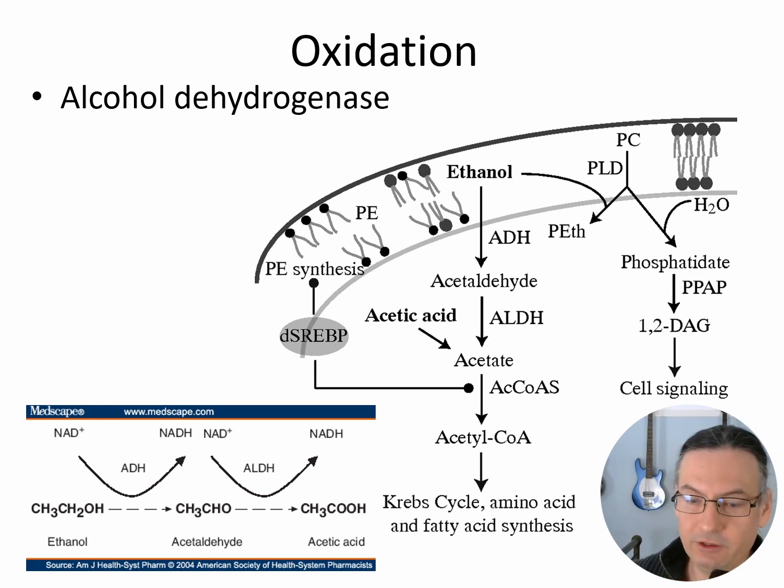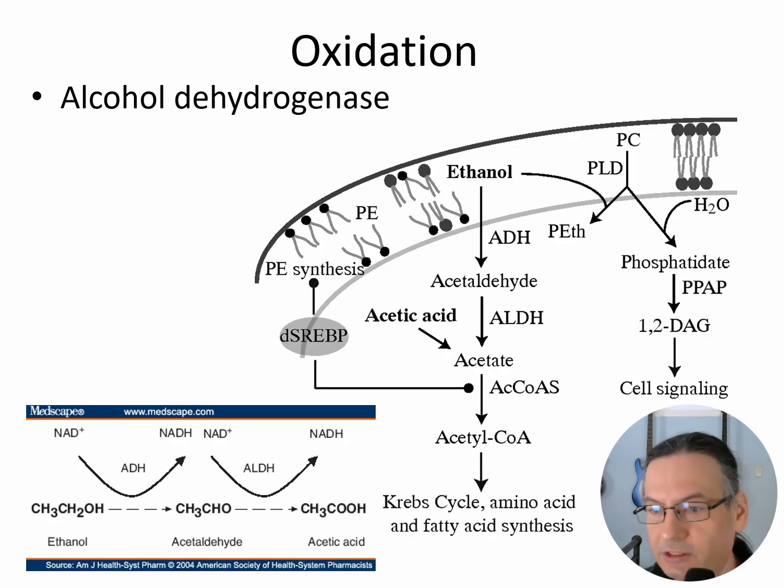Now, we can go through a number of different oxidation pathways. One that I'm going to go through is alcohol dehydrogenation, because this is a classic. In this case, we have our cell membrane with ethanol coming through, and we're going to go through a series of detoxification steps.